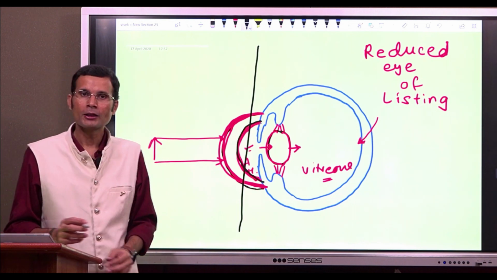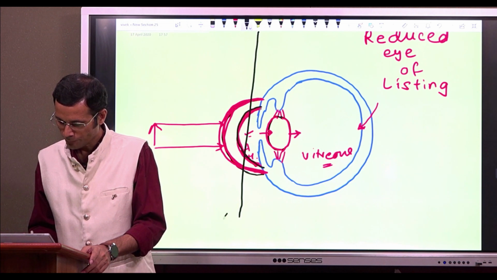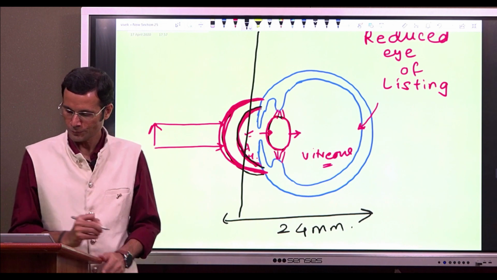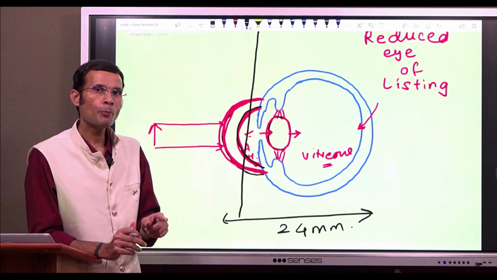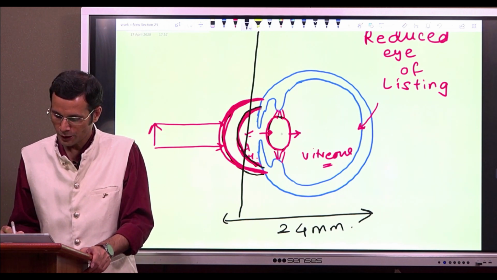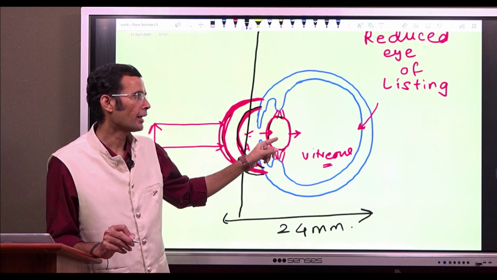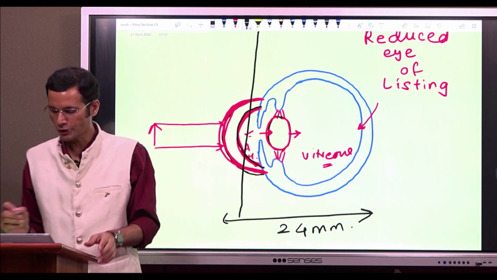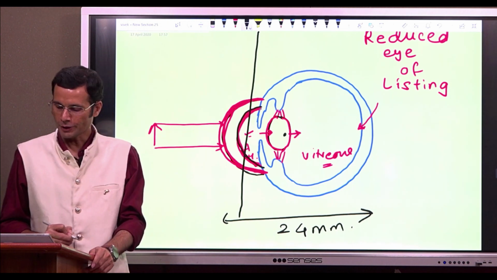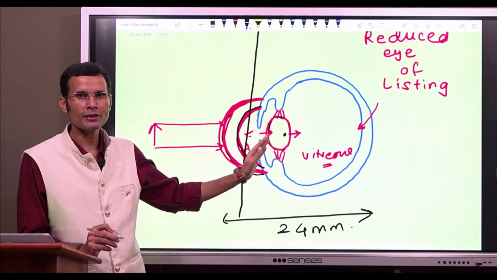So, if we consider that the length of the entire eyeball is about 24 millimeters, then the nodal point of the eye, the schematic eye, is said to be 17 millimeters in front of the retina, somewhere here, or 7 millimeters behind the anterior surface of the cornea, you can say.